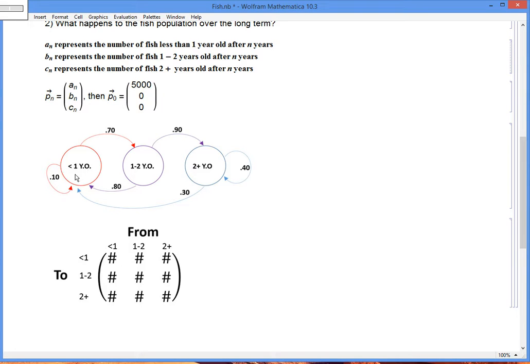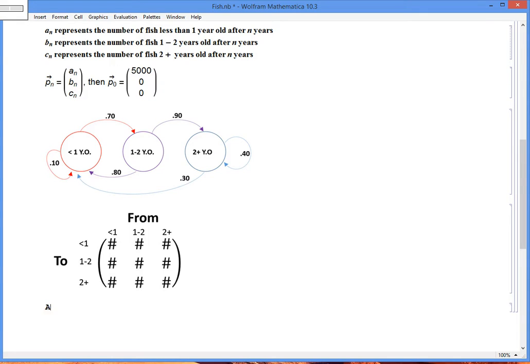If I'm in this less than 1 year old state and I reproduce, my offspring go to the less than 1 year old state, so that value 0.10 is going to be this first item. And if I'm in the 1 year old state and I survive, I would move to this 1 to 2 year old state. With that in mind, I'm going to go ahead and create my transition matrix.